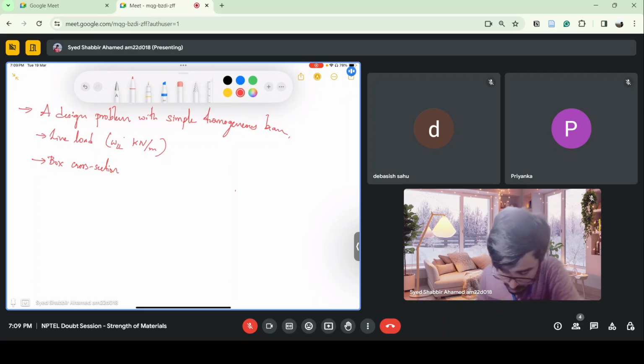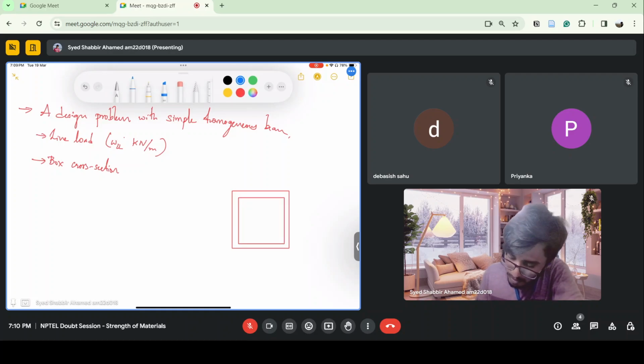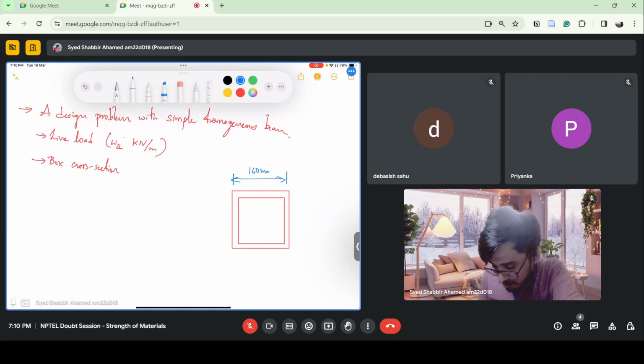The cross section looks like this. This has a width 140, these are the axis directions, x and y coordinates, and this thickness is 15 mm, and this is also 15.